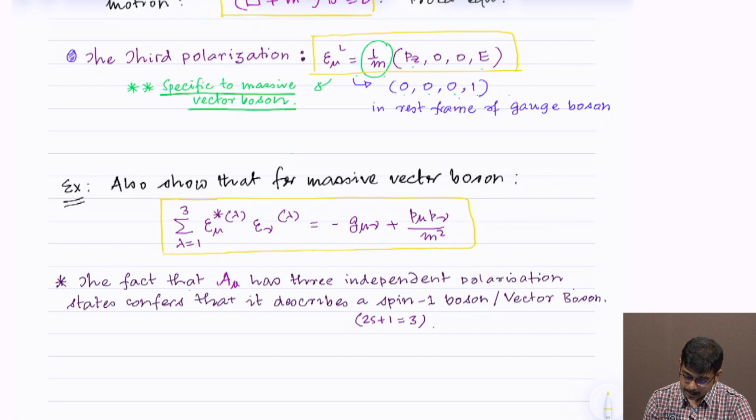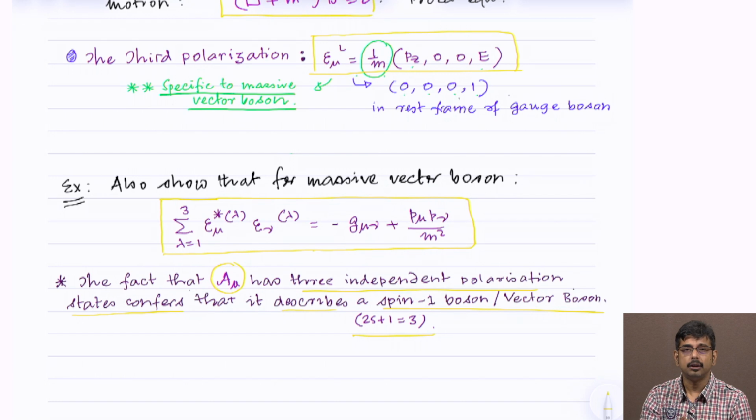And the fact that it has 3 independent polarization degrees of freedom confers that it describes a spin 1 boson or a vector boson, with 2s plus 1 equal to 3, which pertains to s equal to 1, right. So, this is the story about the photons and possibly a massive vector boson, which we are going to see in the real world very soon.